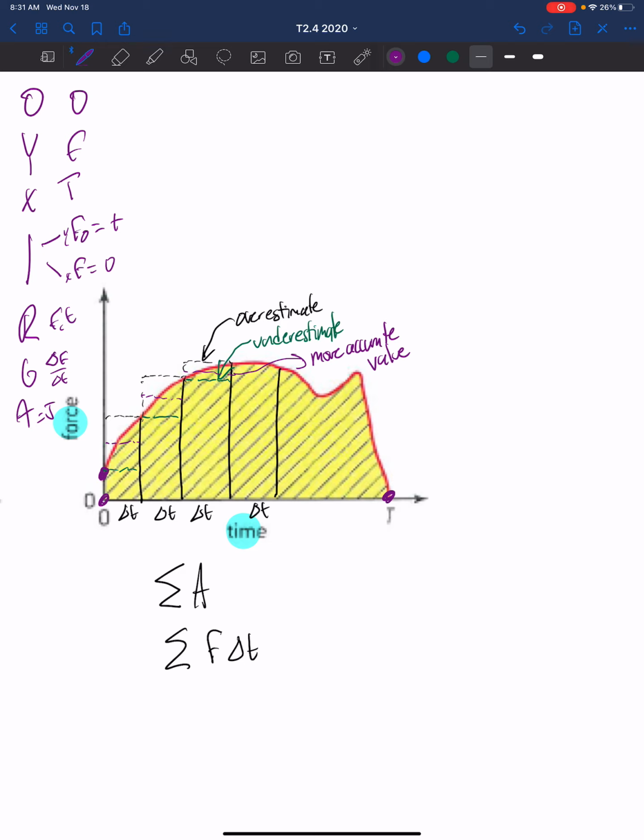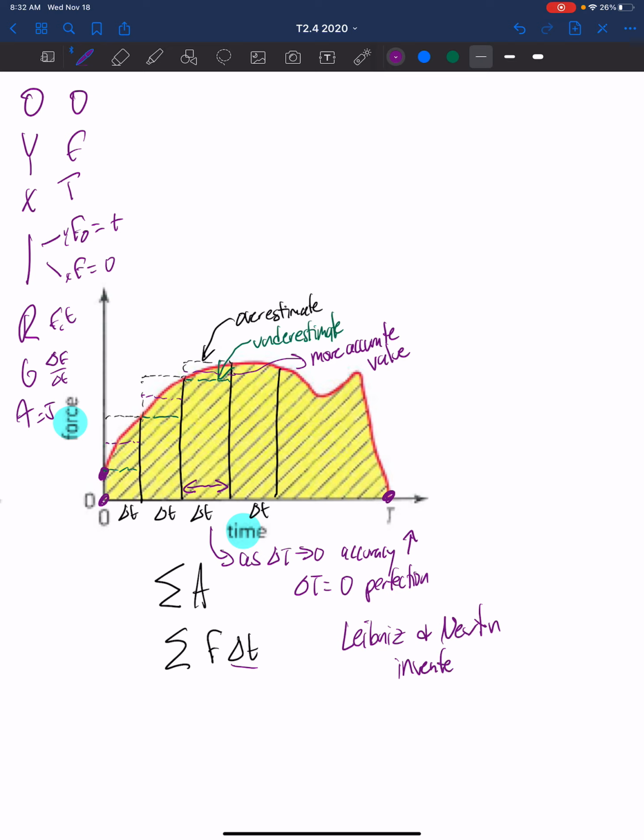But as we make these delta T's smaller, so as delta T goes to 0, the accuracy increases. So that when delta T equals 0, we have perfection. However, when delta T is 0, anything multiplied by 0 is 0. And of course, this is why Leibniz and Newton invented calculus.